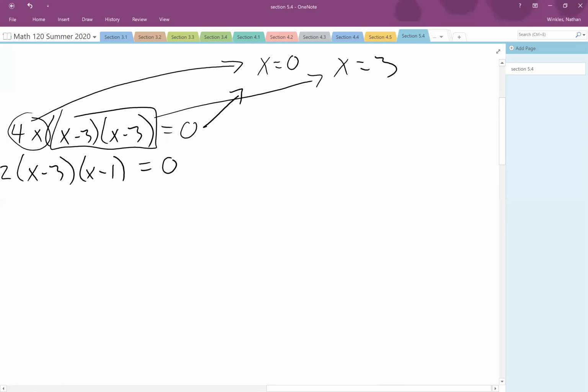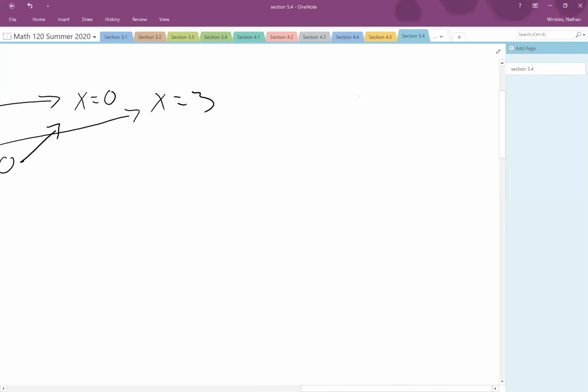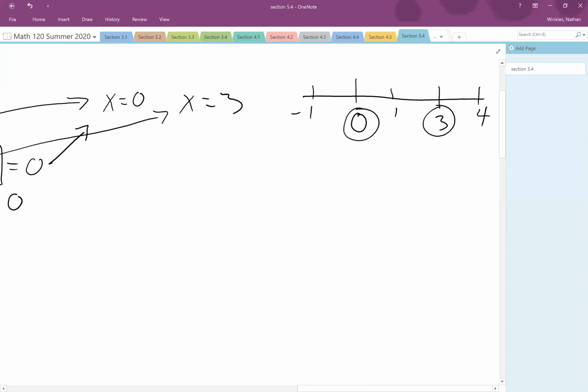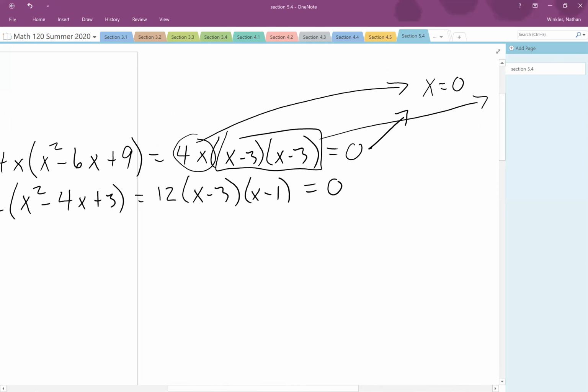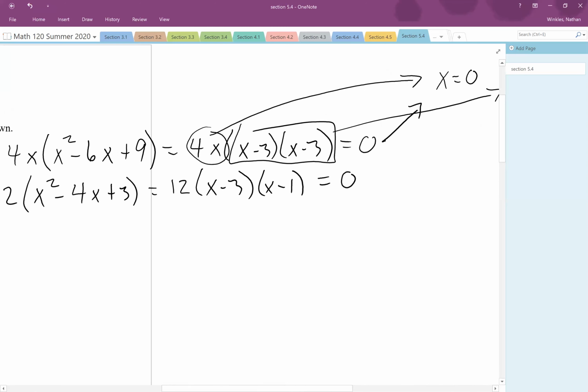So let's go ahead and work with those. We know for increasing and decreasing, we need to plot both of these on our number line, and pick a value to the left and right of each one that we're going to plug into our derivative.